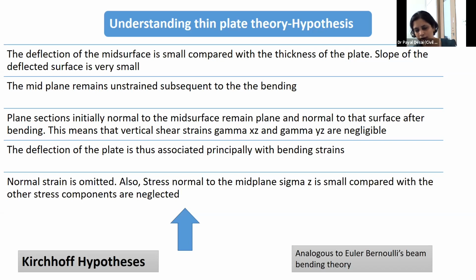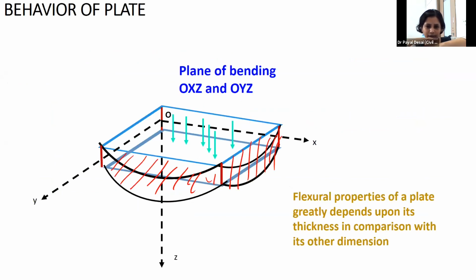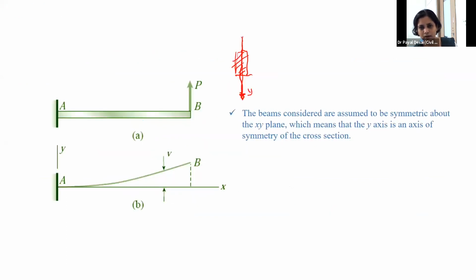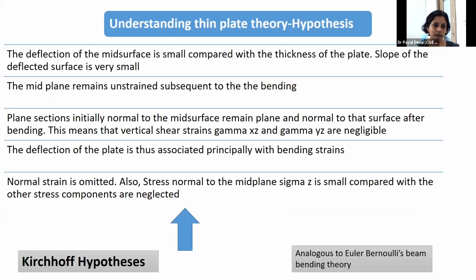Now, again and again, I'm using the word mid surface because you have seen in case of a beam, we are analyzing only lines, and in case of a plate, we will be analyzing only the mid surface. And we will see how this phenomenon we can correlate with the assumptions of the beam theory. Then the mid plane remains unstrained subsequent to the bending.